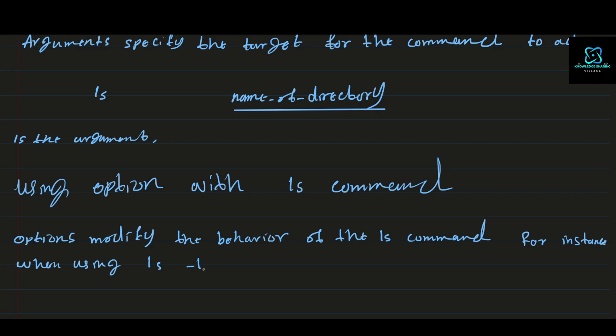But when using the option, it will alter the behavior and reveal the details about each one of those. We will come back to it later in the third section. So without the option, it will just reveal the names in alphabetical order of those visible files and directories.